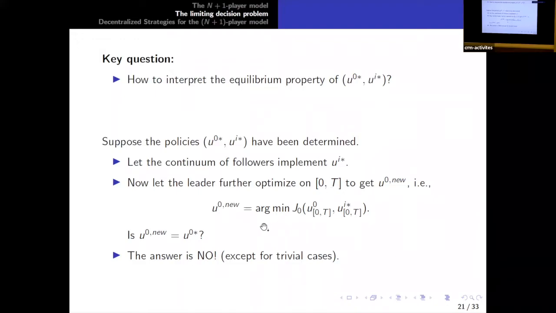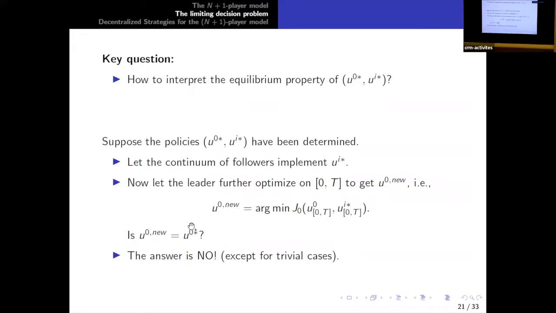So it's like an optimization problem like this. Okay, so all the minor players or followers have already honestly implemented the recommended strategy. Okay, now like the leader further optimizes, we ask, what will be this strategy?